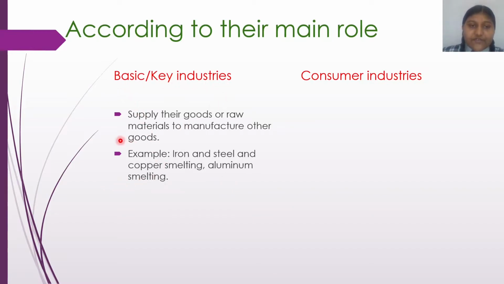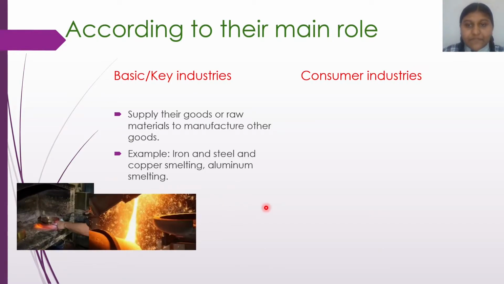They supply the goods which they manufacture to other industries as raw material. So the products which these industries produce or manufacture are further raw material for the other industries.